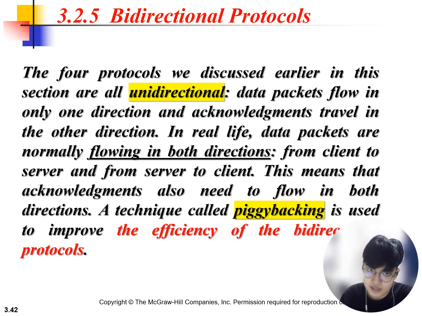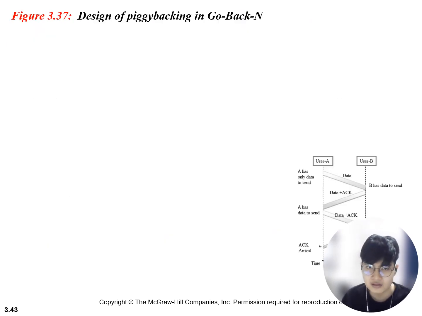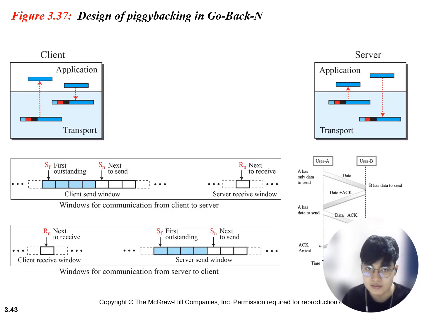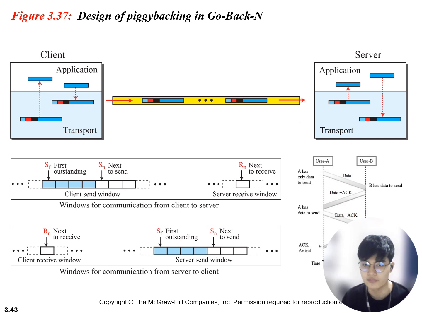This means that the acknowledgements also need to flow in both directions. A technique called piggybacking is used to improve the efficiency of the bidirectional protocol. Design of piggybacking in Go-Back-N is shown in Figure 3.37.